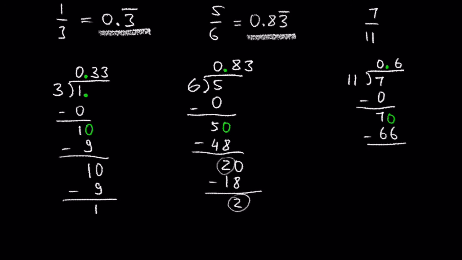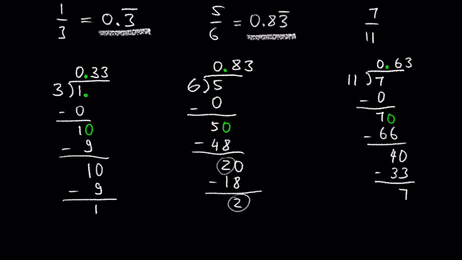Subtract 66 from 70 and we get 4. Bring the 0 down. The 11 fits into 40 3 times. 3 times 11 is 33. 40 minus 33 is 7.